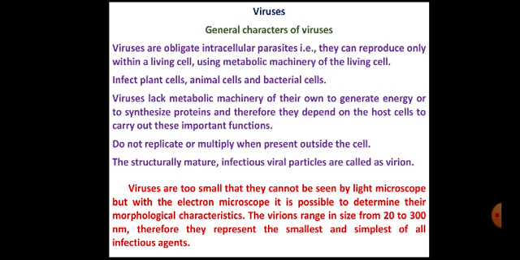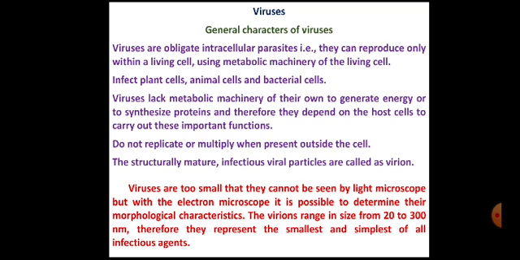There are certain definitions of viruses, for example, that they are acellular obligate intracellular parasites. We have seen the meaning of obligate intracellular parasite, and we need to add this word to this definition, acellular.